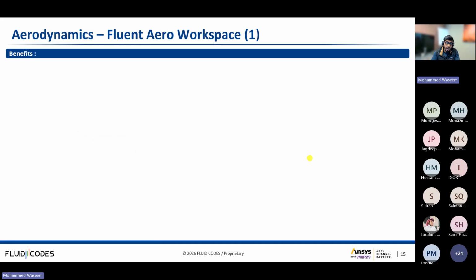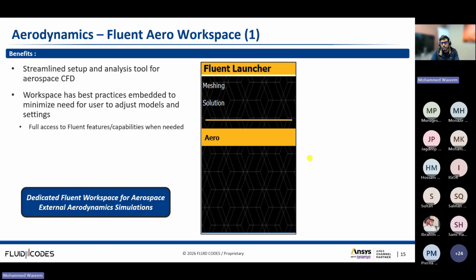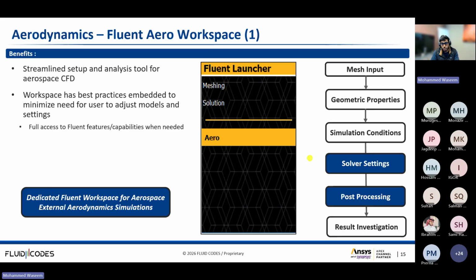So ANSYS Fluent has a dedicated aero workspace for external aerodynamics. The idea is simple. It guides you through the full CFD workflow and reduces the amount of manual setup. You start by bringing in the mesh input, then the workspace automatically sets the geometry references that you need to calculate the coefficients.